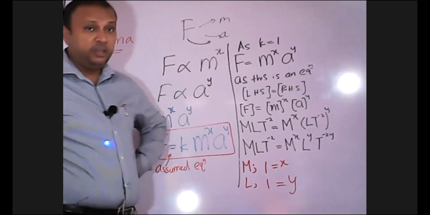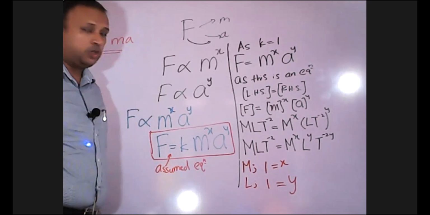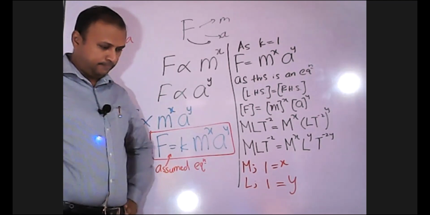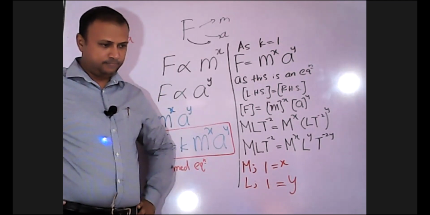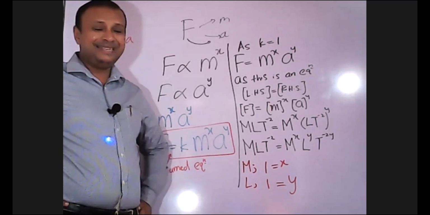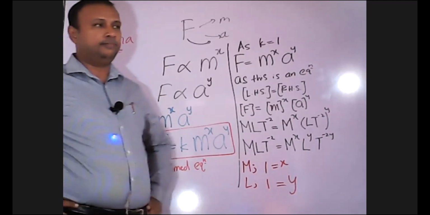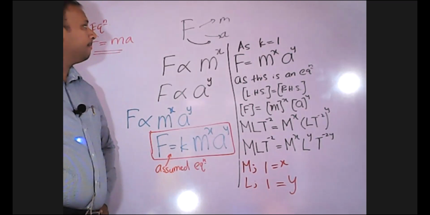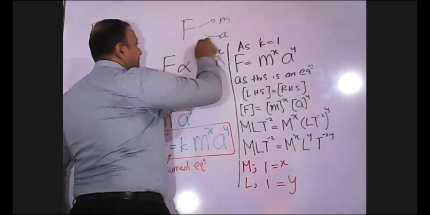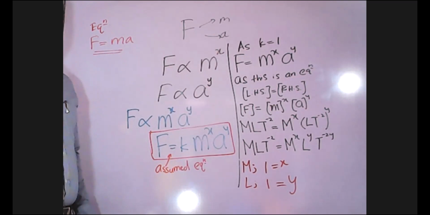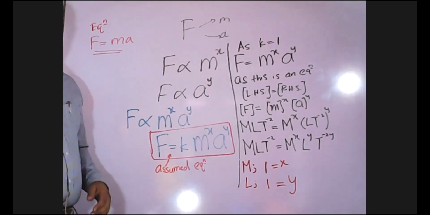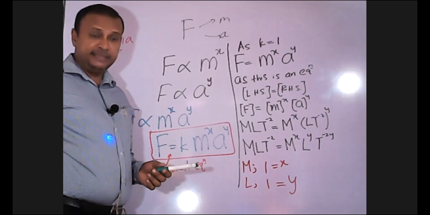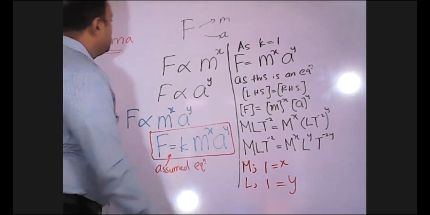If the proportionality constant is equal to 1, build a relationship between these three physical quantities.